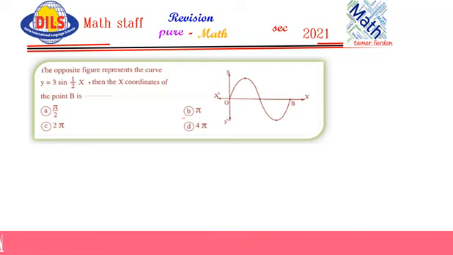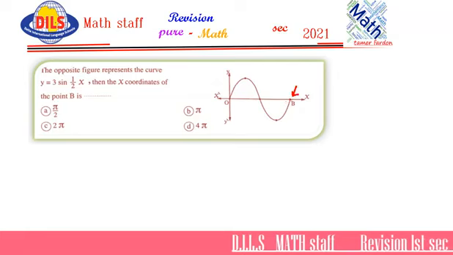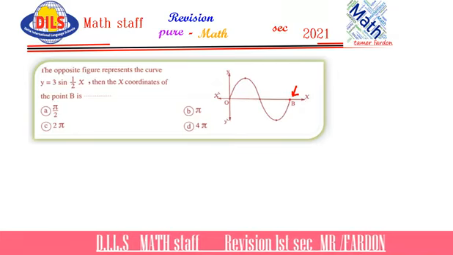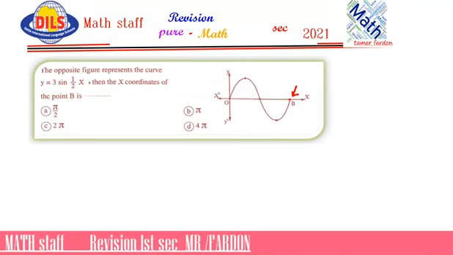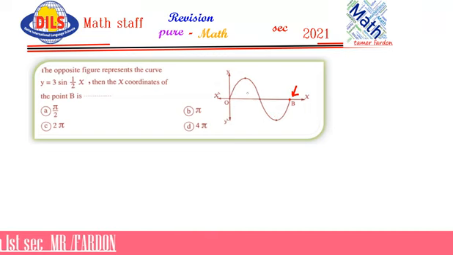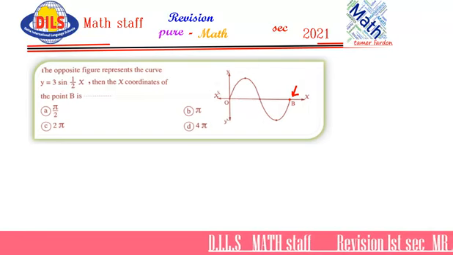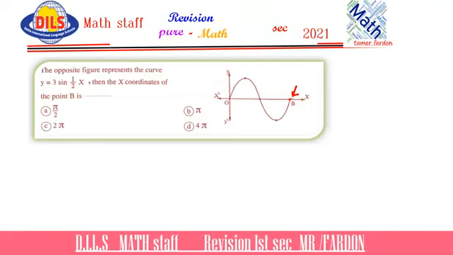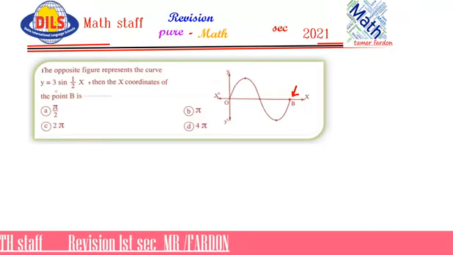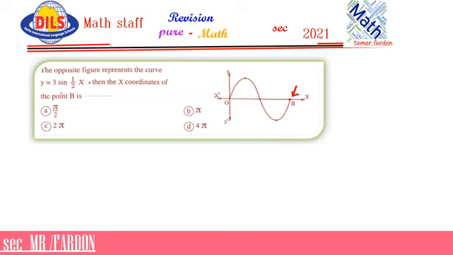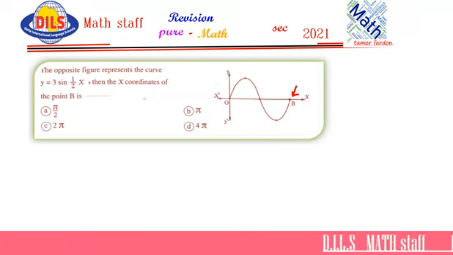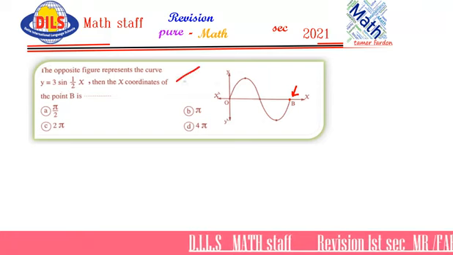Then the x coordinate of the point B. The opposite figure represents one period of the function y equals 3 sine half x. So we have to find its period.